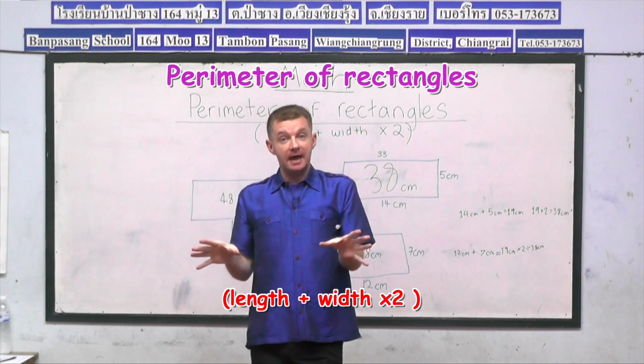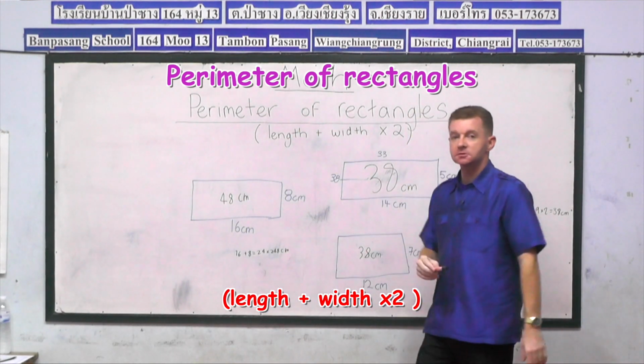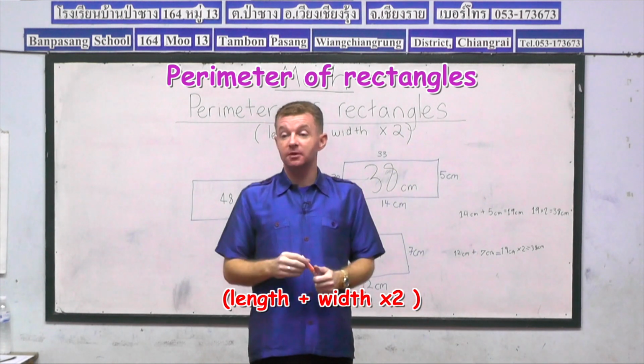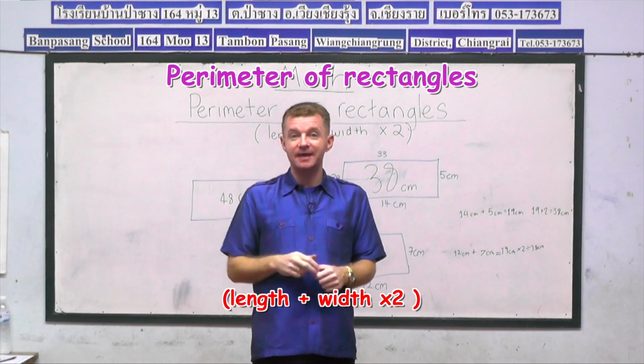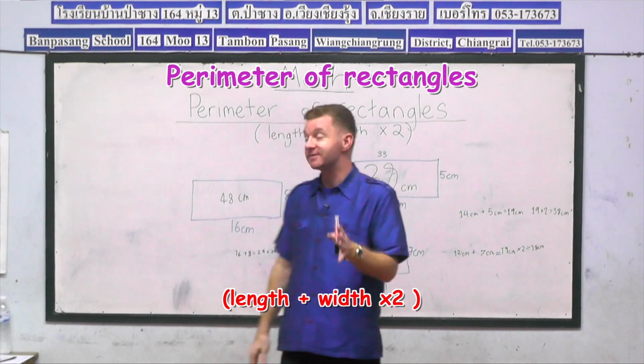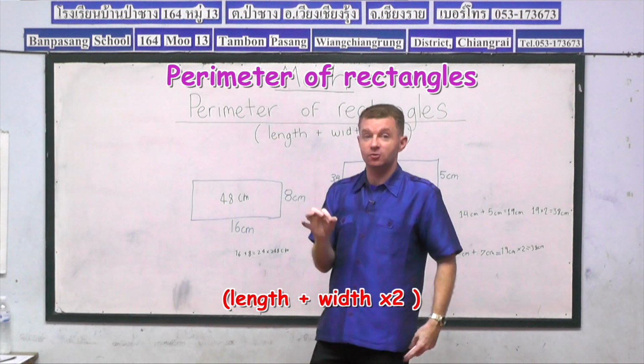So that was a recap of the previous lesson when we looked at the perimeter of rectangles. We're going to explore how to work out the perimeter of another special type of rectangle, the shape that's our squares. We're going to look at a different formula that we can use to work out the perimeter of squares.